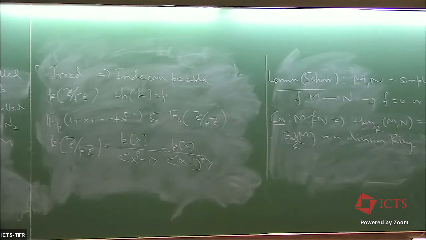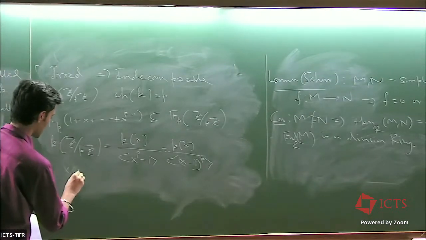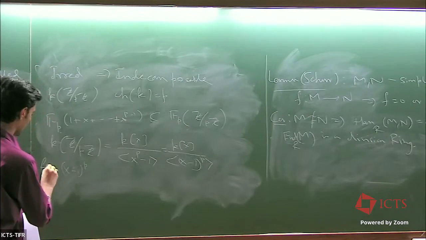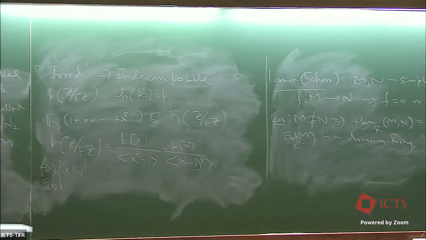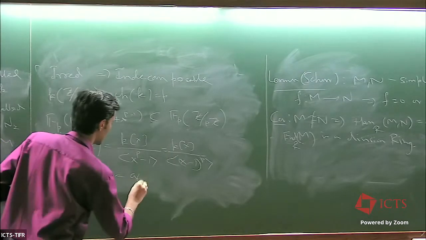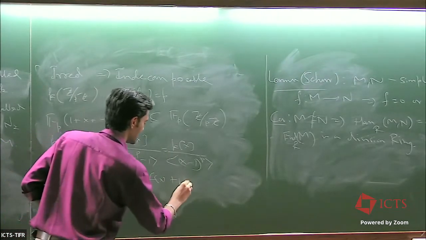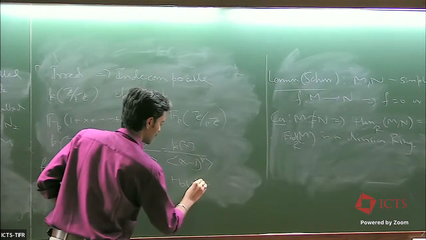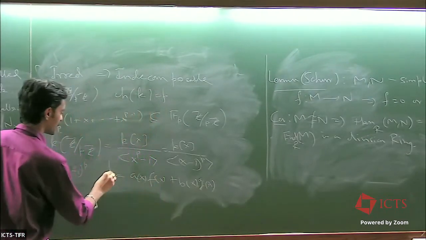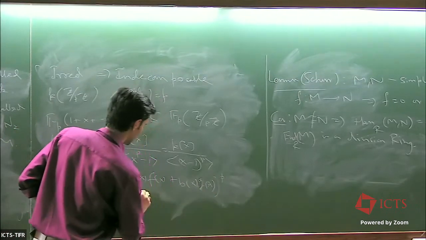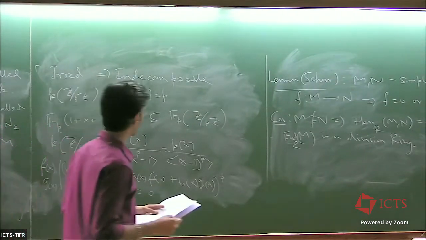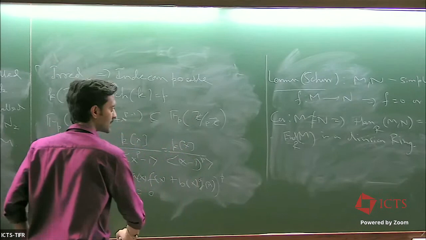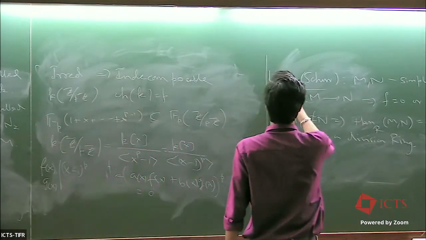Now if you break it out, then you see that (x minus 1)^p is divisible by both f(x) and g(x), and then if you write 1 to be a(x)f(x) plus b(x)g(x) and raise it to the power p, then it will become 0 inside this K[x] mod (x minus 1)^p, giving a contradiction. Therefore, we have seen an example where some module is indecomposable but not irreducible.